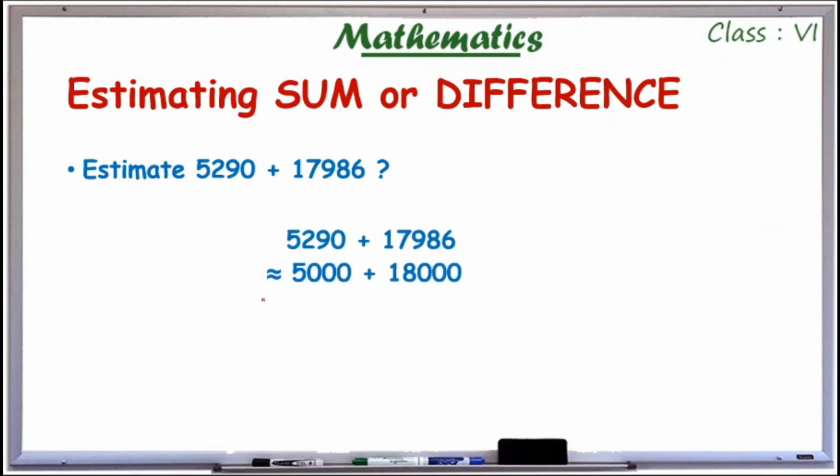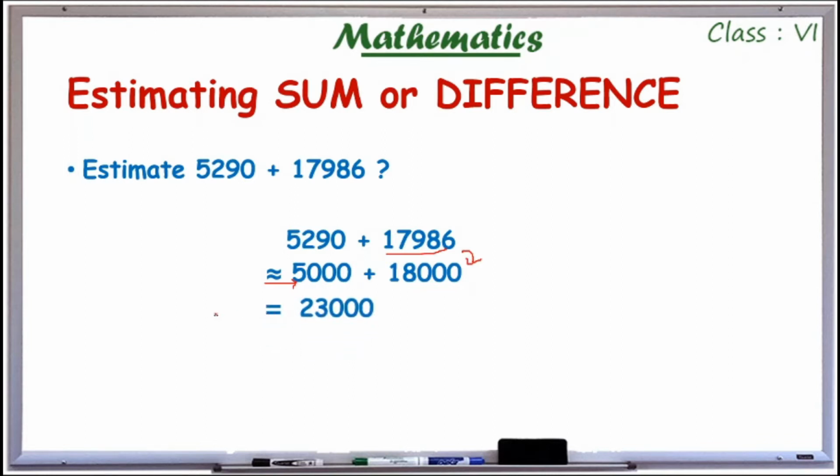All of you listen. We are using this symbol instead of the equal sign because this is not equal. This is approximately equal. So this is the symbol for equal and this is the symbol for approximately equal. You have to use this symbol instead of the equal sign. Then 5290 I estimated to 5000, and 17,986 I estimated to 18,000. So the sum is equal to 23,000.